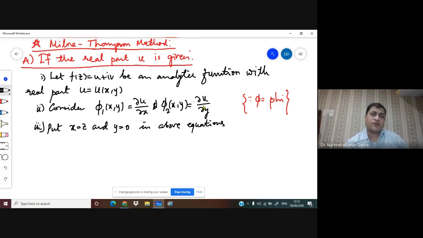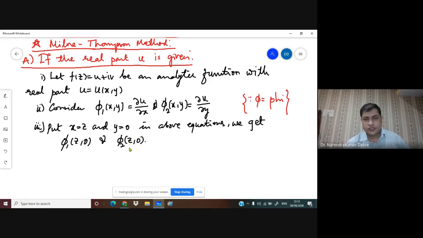So in these equations we put x is equal to z and y is equal to 0, and then we get phi1 of z,0 and phi2 of z,0. Once you get phi1 of z,0 and phi2 of z,0, then you are able to write the fourth and final step.